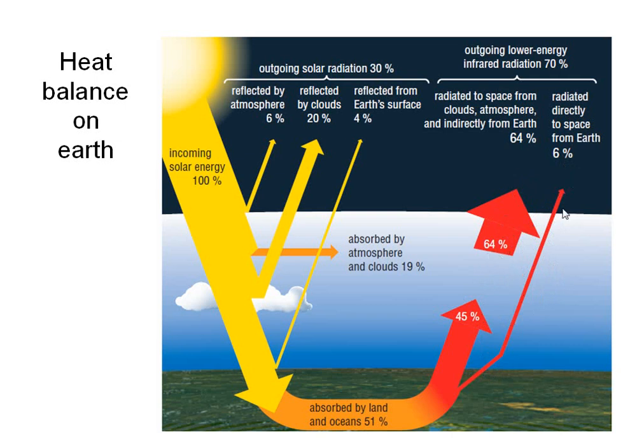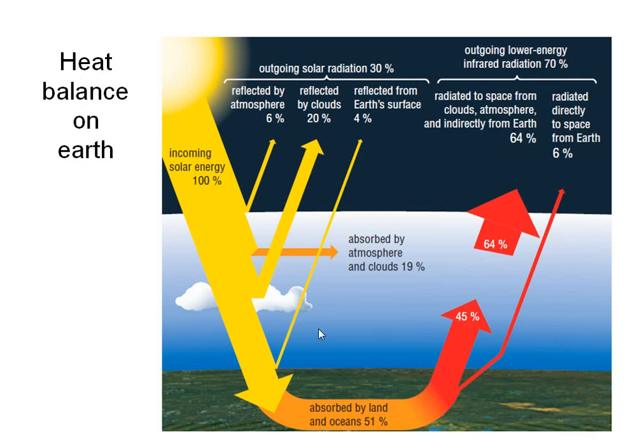For 64 plus 6%. Okay, so actually 30% plus 70%. So actually 100%. So all the energy in is equal to all the energy out, right? So for this entire Earth, the heat is in balance, right?